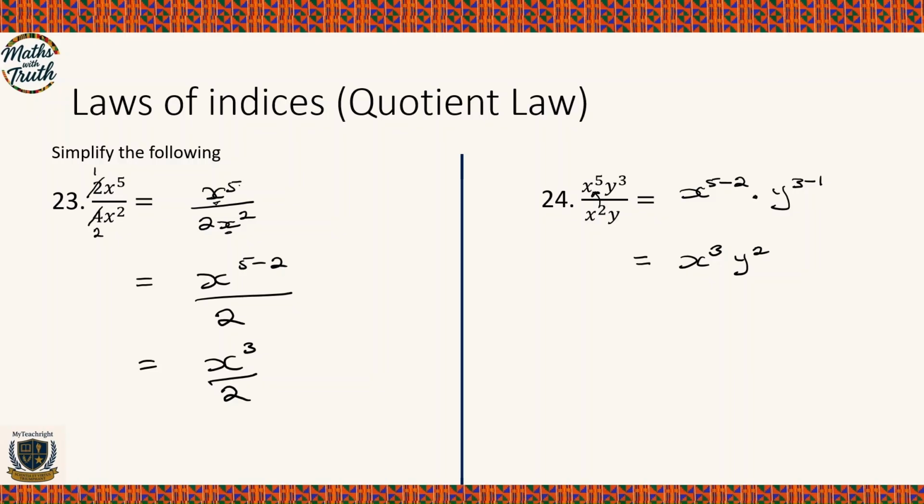So what you did is write out these ones, like x exponent 5 divided by x exponent 2 times y exponent 3 divided by y. And then you do them individually like this.